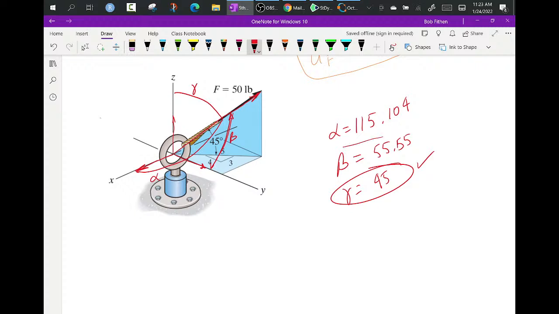Now think about this. Let's look at beta, for example. So I take this triangle. Let's imagine that it was right in this plane. It gets moved back, so this angle has to be slightly more than that 45. And then the 115.